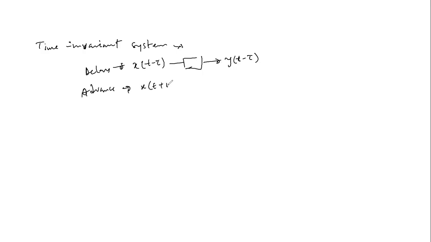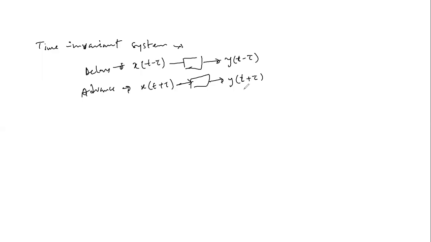So should we have this going through a system, then we say it's a time invariant system. So a shift in time at the input at a given instant of time will result in an output with an equivalent time shift at that same instant of time.